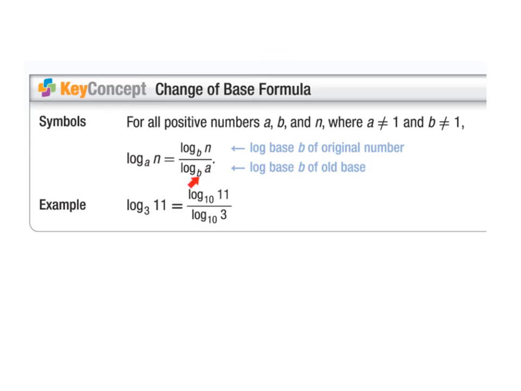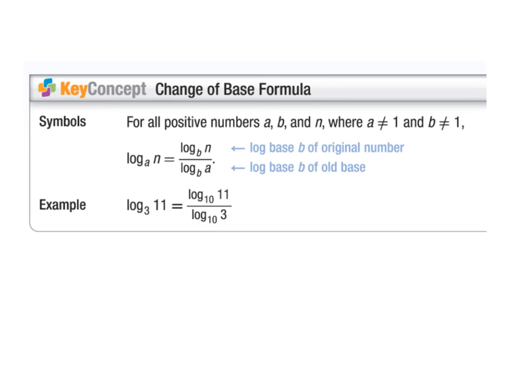Here, for example, and I wish they wouldn't have written the 10 in, it's not necessary, log 11 over log 3. When you want to change base into standard common logs, all you have to do is, on the numerator, take the bigger number, and on the denominator, take the base.